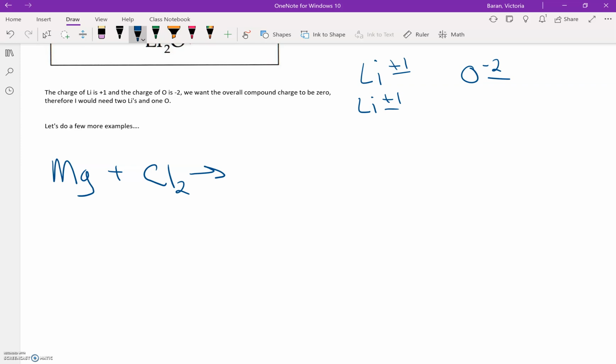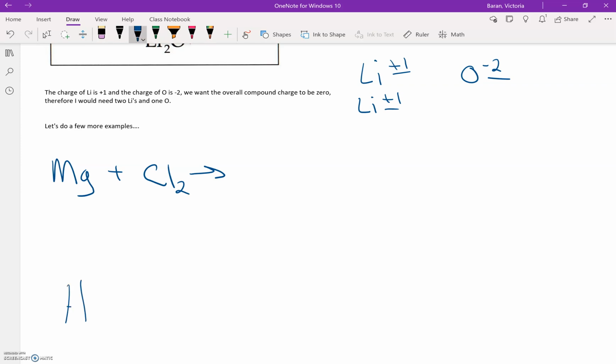Now here's how I would figure out the correct formula. One thing I will mention is the reason I'm writing it as Cl2 is there are elements that when they are by themselves are diatomic elements. So these are elements that like to bond together, and they're always written like this.